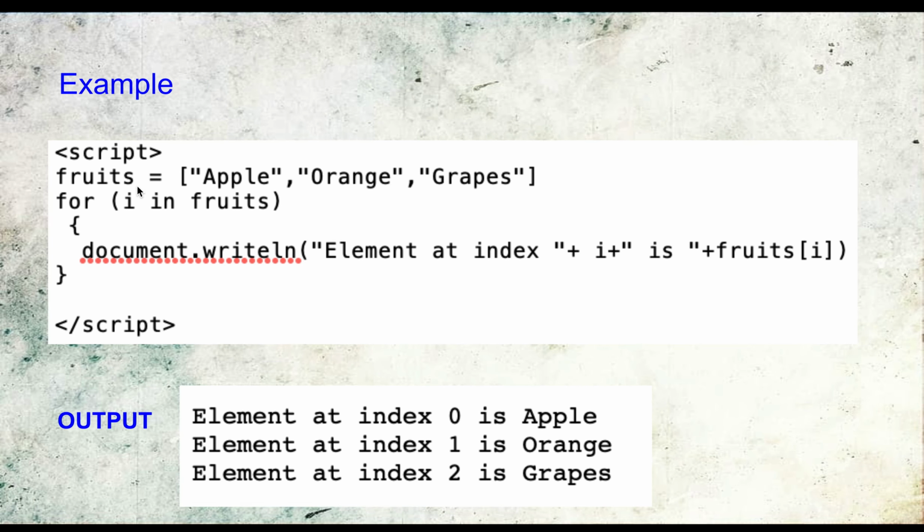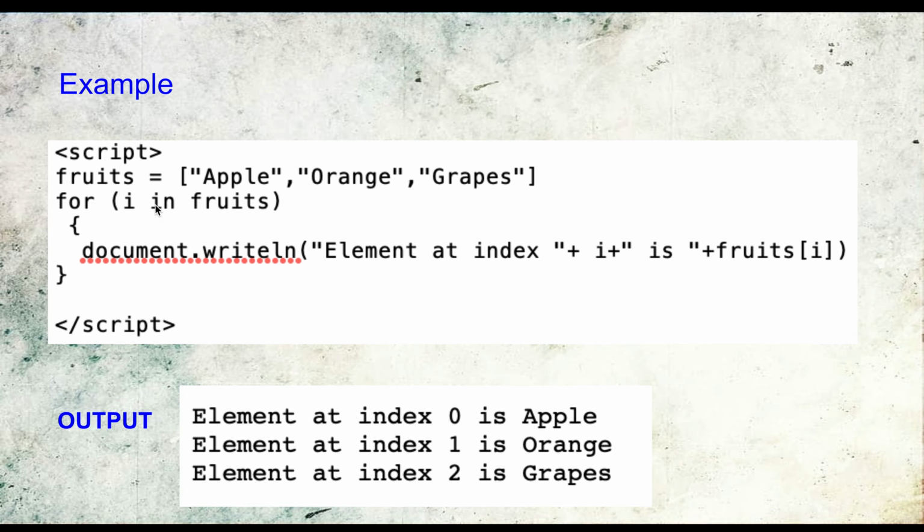Fruits is an array, that is iterable. A literal notation is used here, and for, within brackets, i is the variable name used in fruits, that is the array name, and here i represents the index of the elements in fruits. So you can see in the output there is element at index i, that is the variable we use here, is fruits of i.